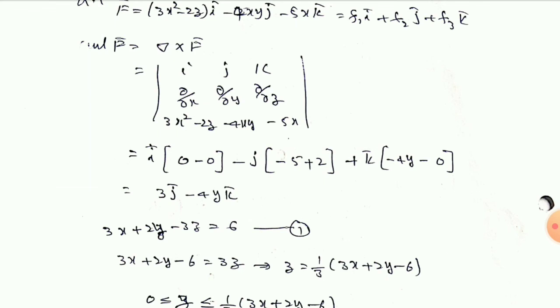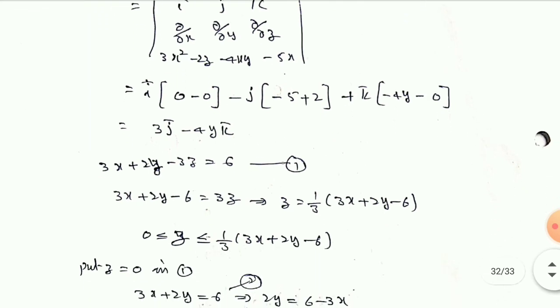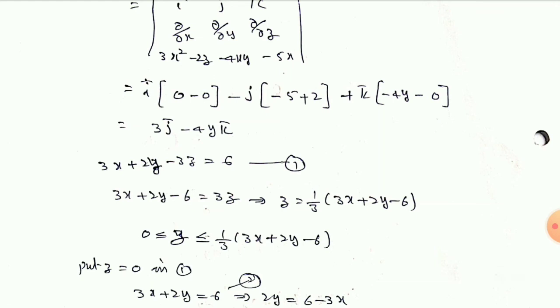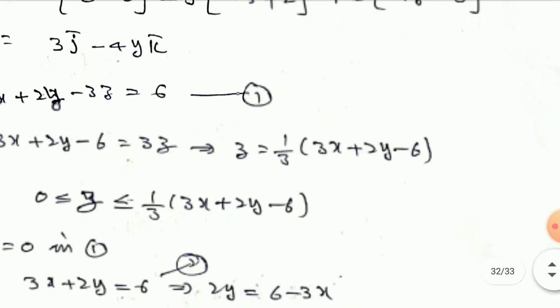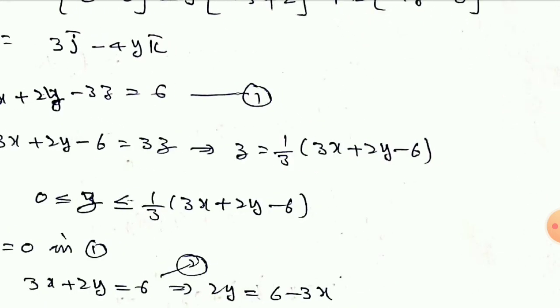To find the volume integral, I need 3 variable limits. The lower limits are 0, 0 only. Now using the expression 3x plus 2y minus 3z equal to 6, you calculate z first. So z equal to 1 by 3 of 3x plus 2y minus 6.